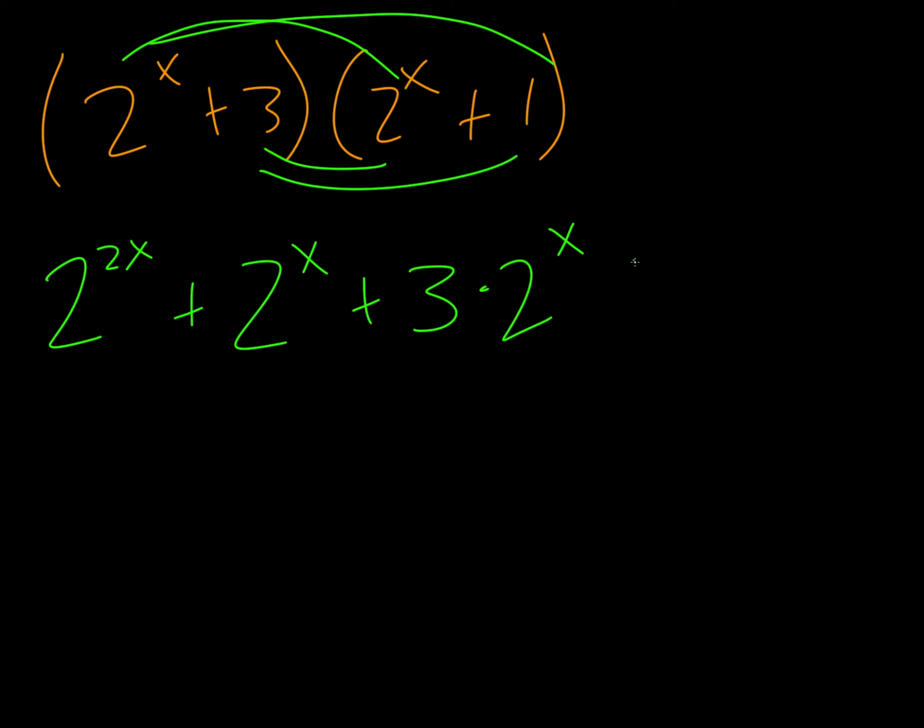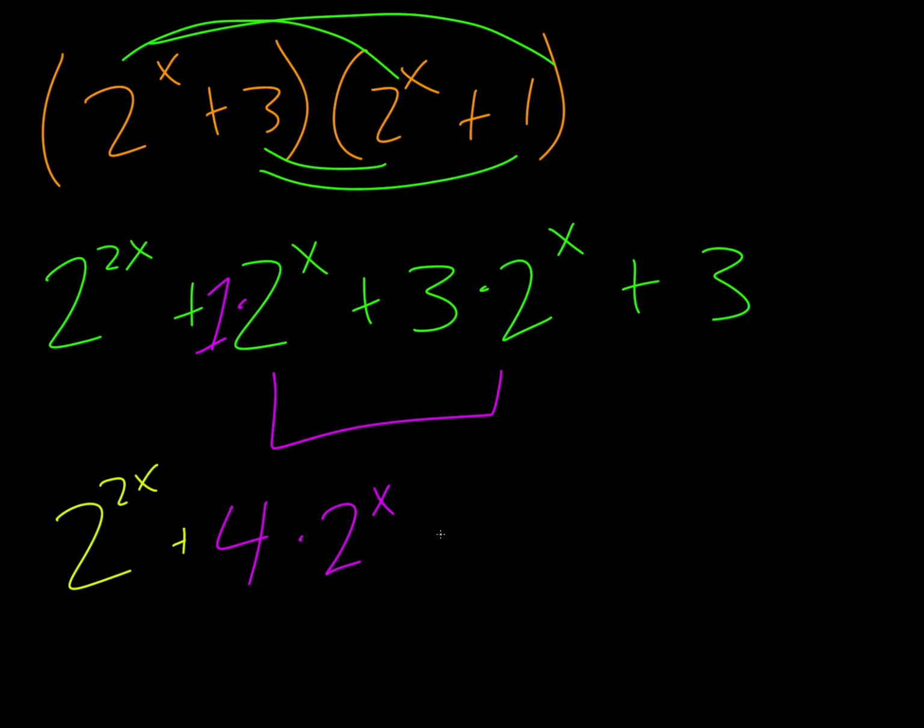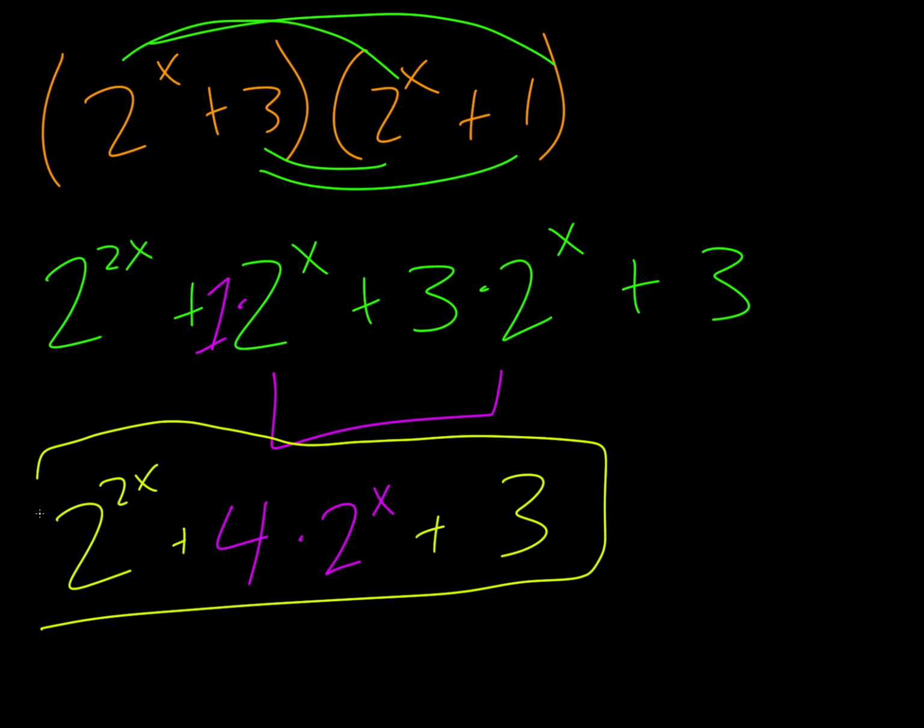And then 3 times 1 is 3. Now, these two are common terms. So this is like a 1 times 2 to the x and a 3 times 2 to the x. So we get 4 times 2 to the x when we combine those. And then we still have our 2 to the 2x and our plus 3. And that's about it on that one.